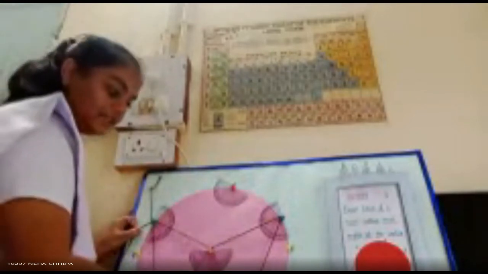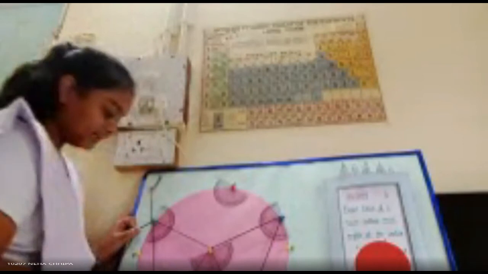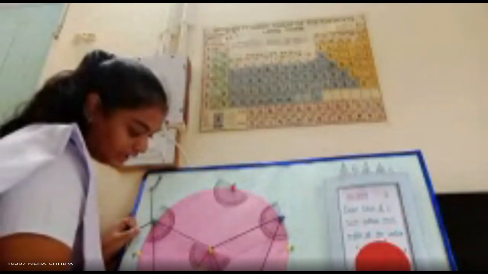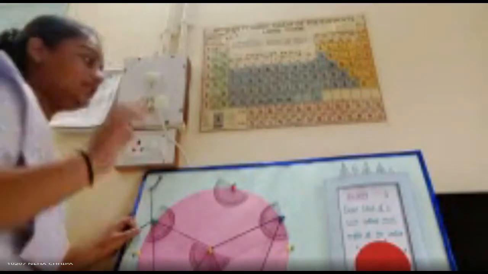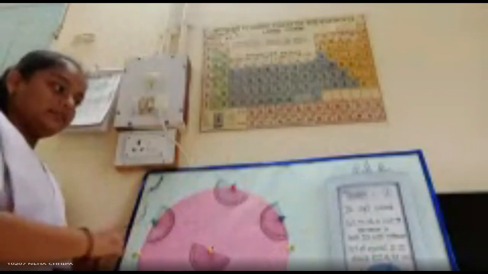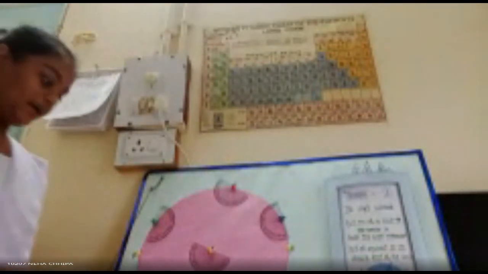Here, the angle subtended by chord BD is equal to 80 degrees and the angle subtended by chord GE is equal to 80 degrees, which proves the theorem. And my next theorem is: the angle subtended by an arc of a circle at the center is double the angle subtended by it at any point on the remaining part of the circle.